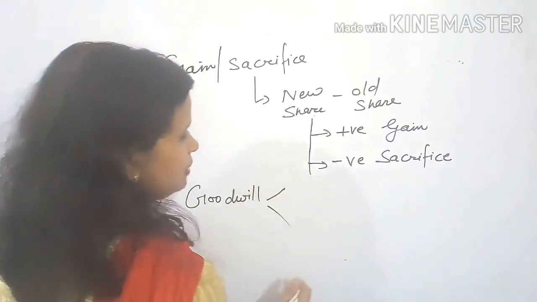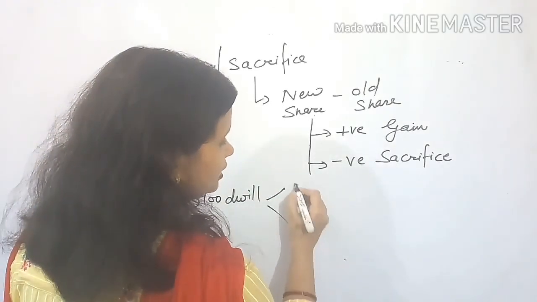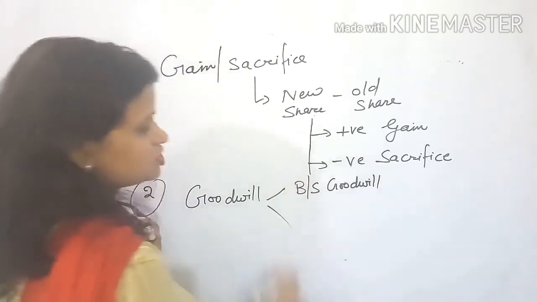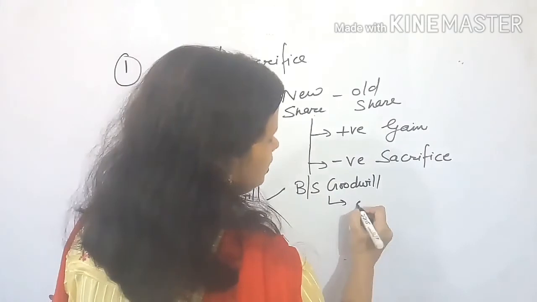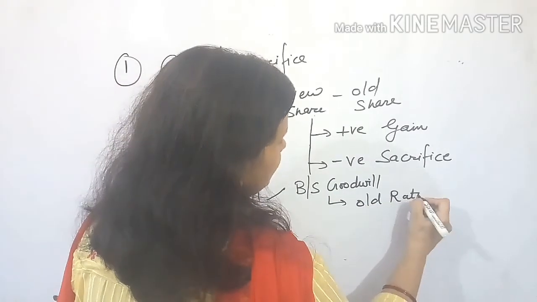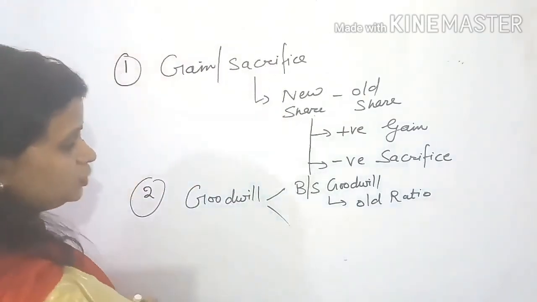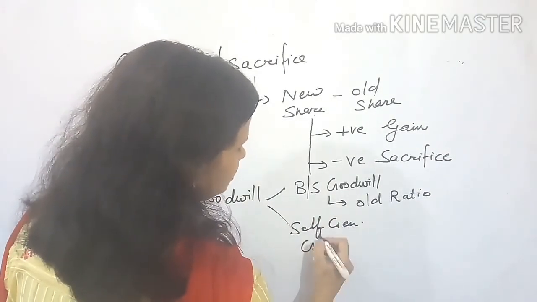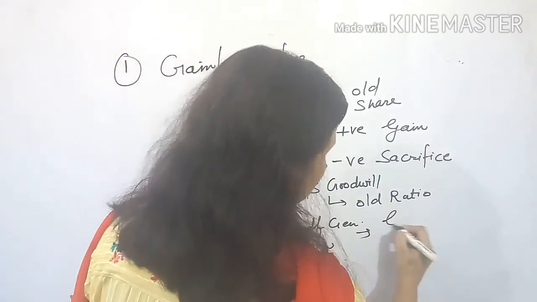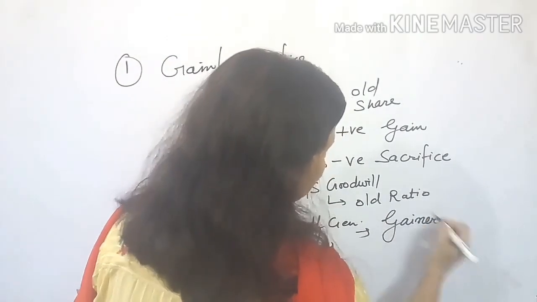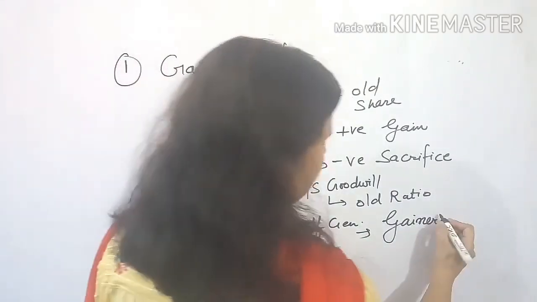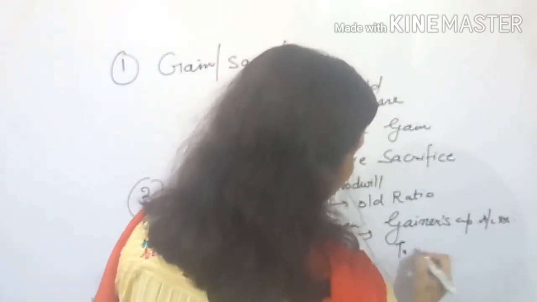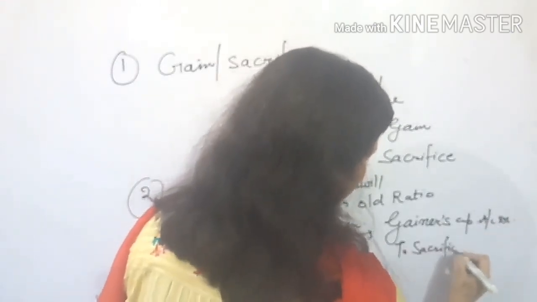One that is shown in the balance sheet, also known as purchased goodwill, will be distributed in old ratio. And what about the actual goodwill that you know as self-generated goodwill? The entry for self-generated goodwill will always be gaining partner's capital account debit, or simply gainer's capital account debit to sacrificer's capital account.